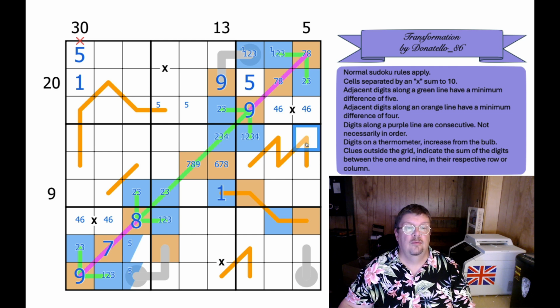And that could work. 9, 5, 1. Or if that's a 9, I could do 5 and 1. So I'm restricted, but not quite enough for me to make good pencil marks, I think.